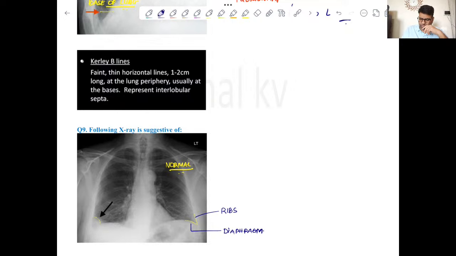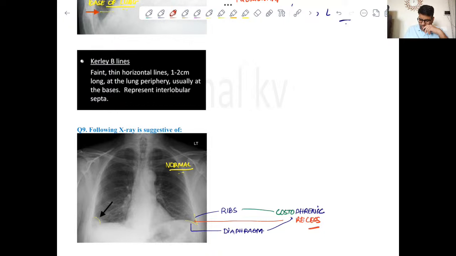So for ribs we use the word costo, and for diaphragm we use the word phrenic or you can write diaphragm, and this area is actually the recess. Okay, so this part is the recess. So this area is known as costodiaphragmatic recess.